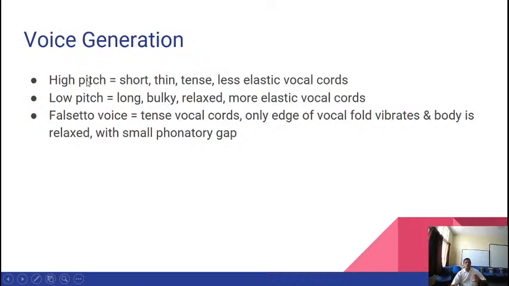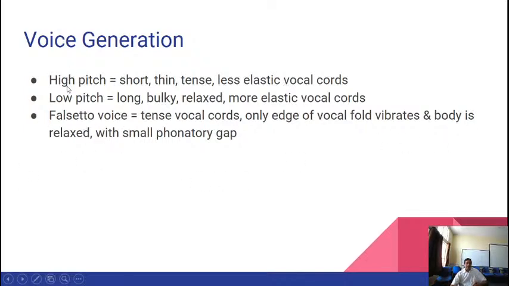One is a high-pitched voice. Some people, particularly ladies, females, have a high-pitched voice. And a low-pitched voice, for example, Amitabh Bachchan has got a bass voice. And the falsetto voice is another voice that is described, wherein there are tense vocal cords and only the edges of the vocal cords vibrate. It's also called false voice, and it is usually used by singers.